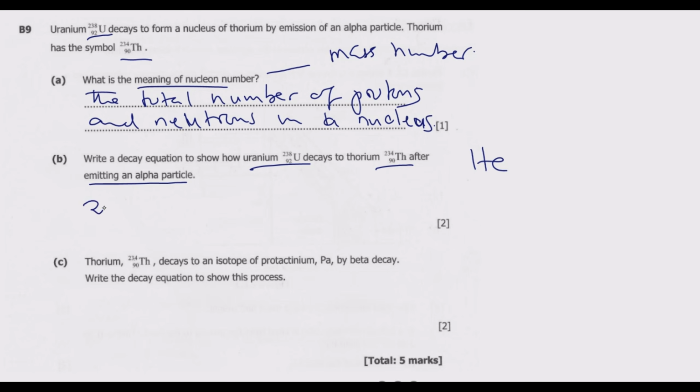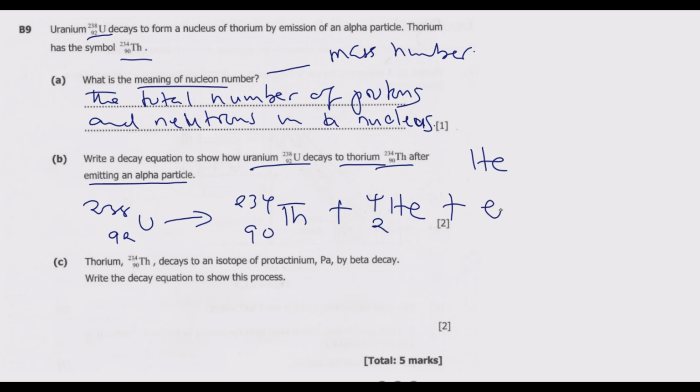So we have 238, then 92, then this decays to thorium, which is 234, then 90, plus helium, which is 4, He, then 2, plus energy. So this is what is happening, which is the emission.